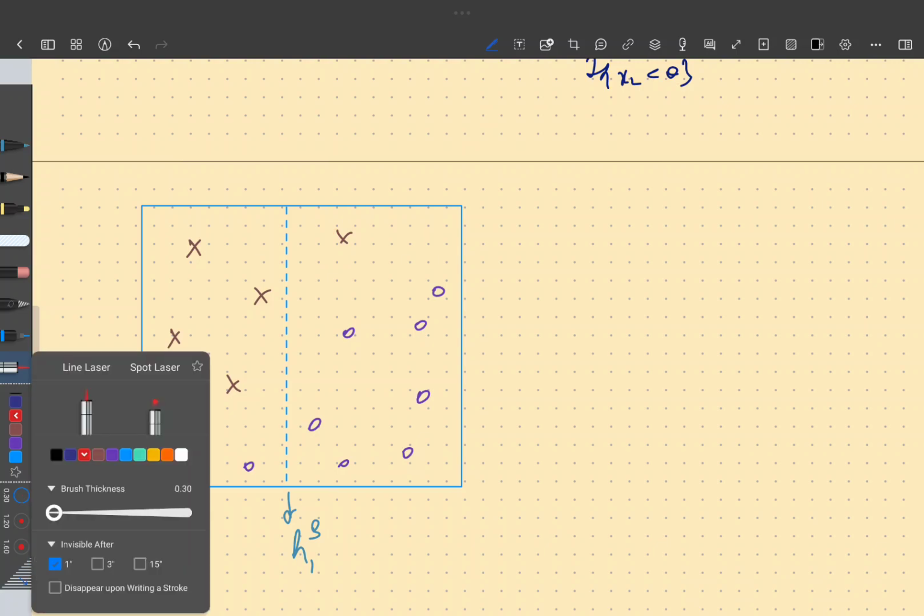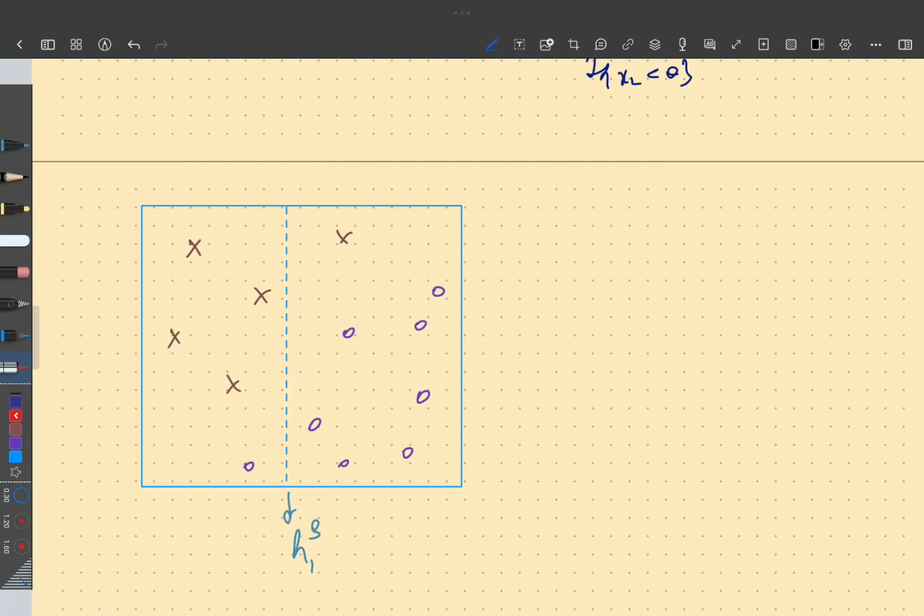Here we see that this classifier has made errors on these 2 points. So now you tweak the distribution such that the probability of getting either of these 2 points is larger.